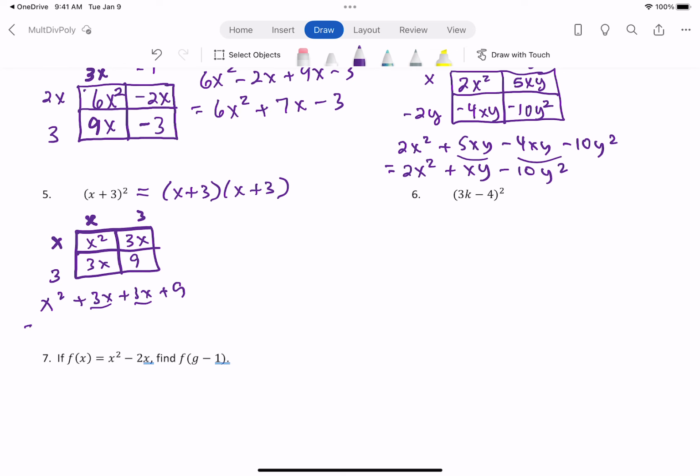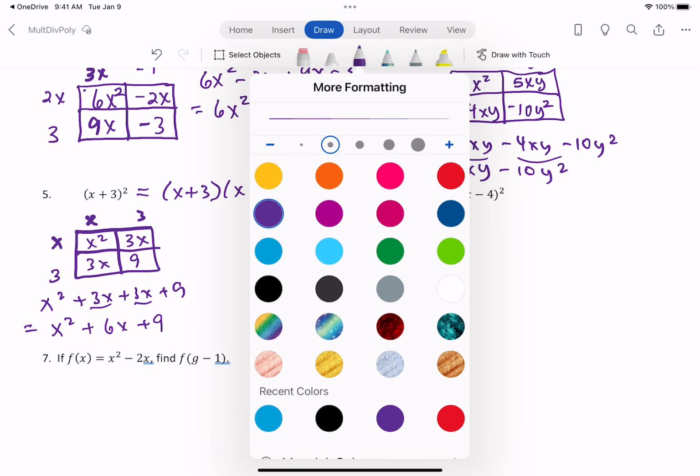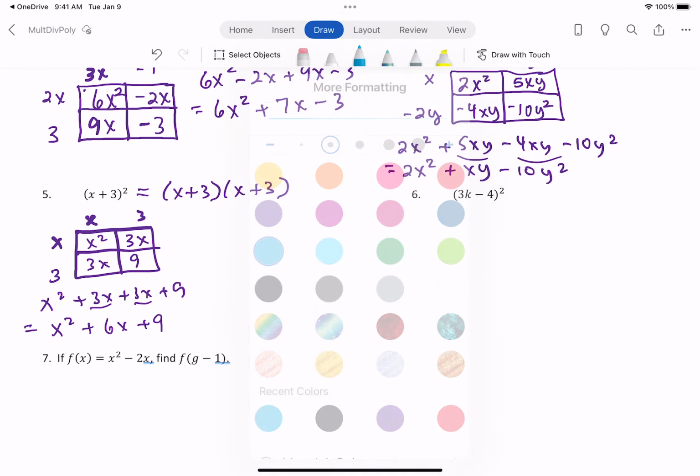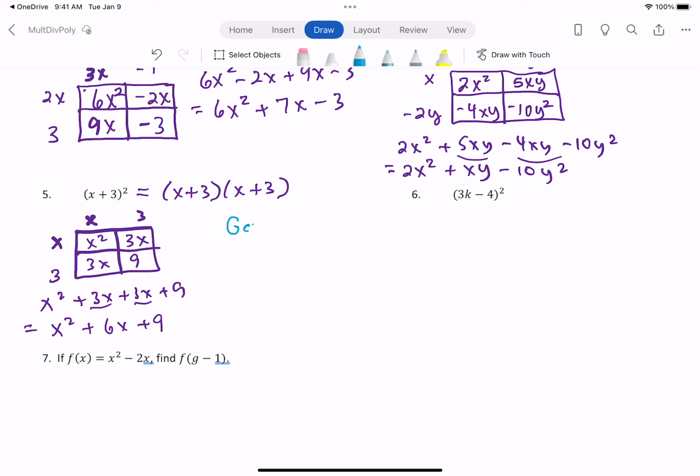So if I combine those like terms, I end up with x squared plus 3x plus 3x is 6x plus 9. So we have a general formula. You do not have to use this. You can always write it out twice and multiply it. We will need to be able to recognize this later, so that's why I'm covering it now.